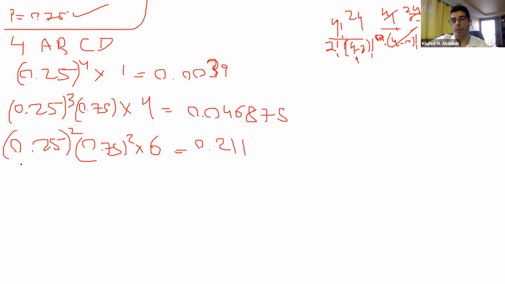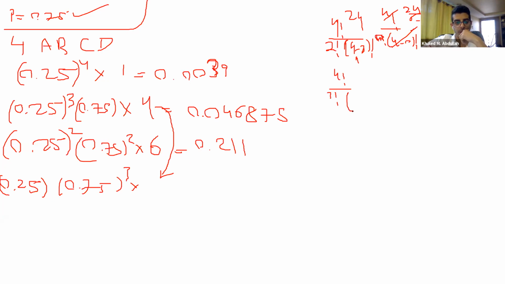Now the third one. So 3 getting affected. So that's going to be 0.25, only one person will be all right. So this is to the power of 1 into 0.75 to the power of 3. 3 getting affected. I can just apply Pascal's triangle because this will be the same as this, but I'll do it here for you just so you know. 4 factorial over 3 factorial into 4 minus 3, which is 1 factorial.